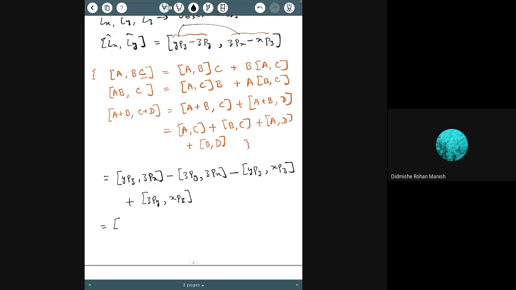That we can use this relation or one of these, whichever one is applicable. This is y p_z comma z, and I take out p_x. This is one term, and in the next term I take out y.